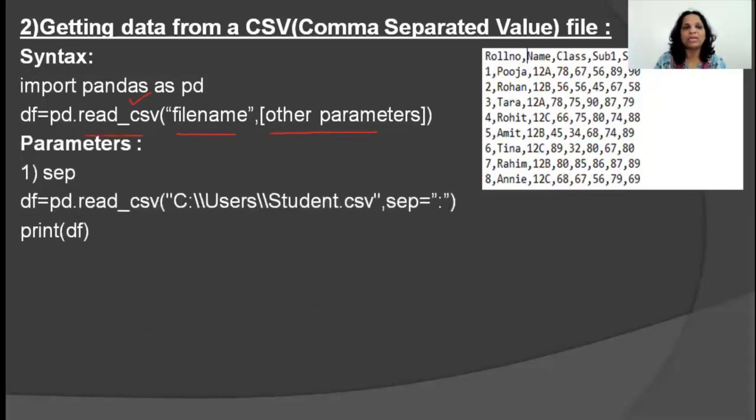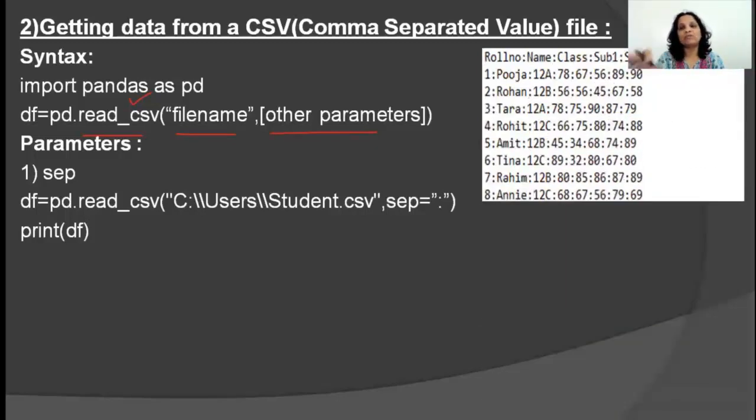The first one being sep. So there is a parameter called sep, which basically tells Python that the separator used in the file is not a comma, because comma is the default. If your CSV file is separating the values using a comma, you would never have to use the sep parameter at all, because by default the separator is comma. But suppose your CSV file looked something like this, where each element is separated from the other using a colon.